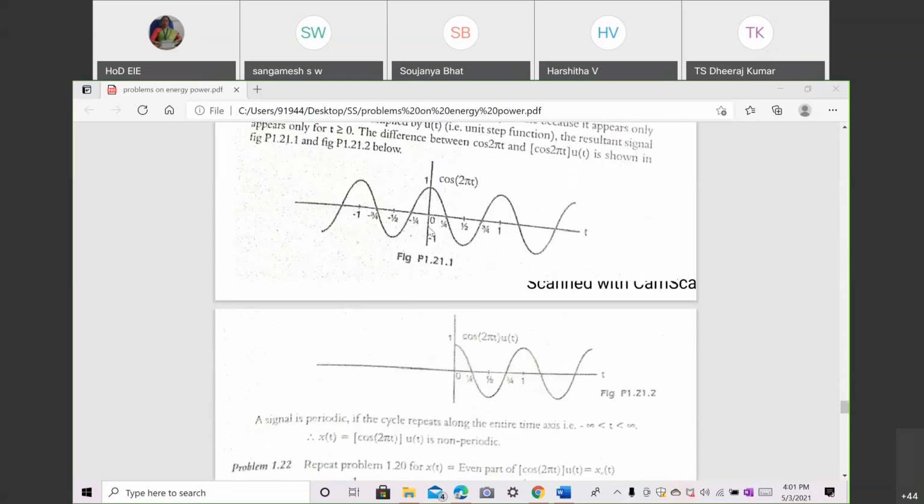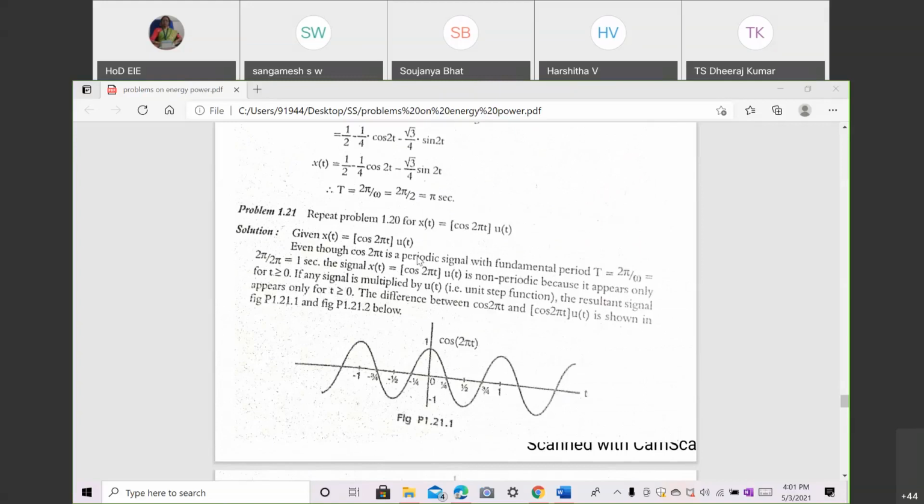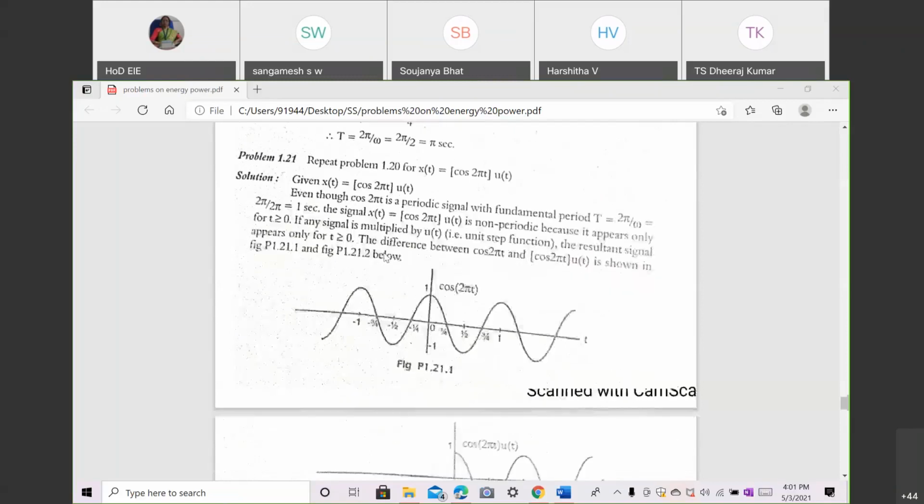You can see the first figure is without multiplying by u of t. U of t means the unit step signal, whose value is defined only for t starting from 0 towards positive t. That's why cos 2 pi t is multiplied by u of t.